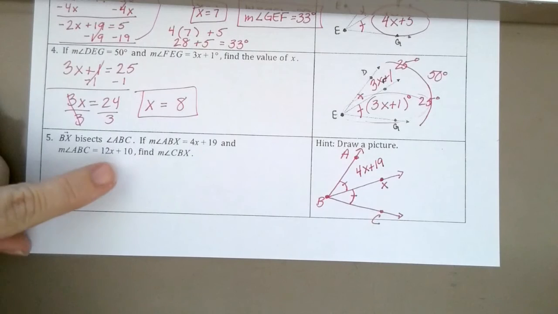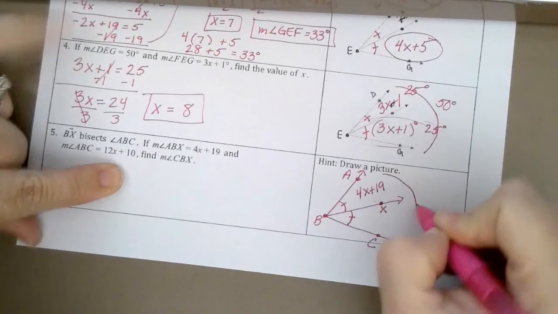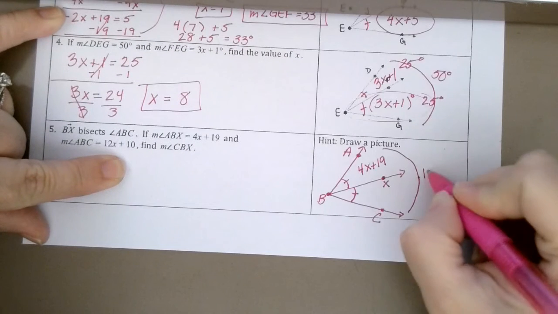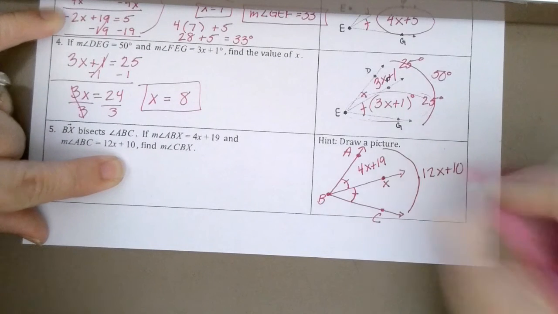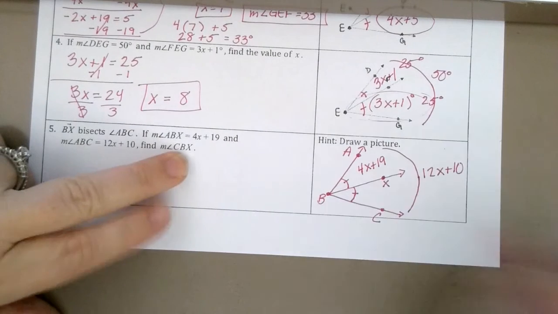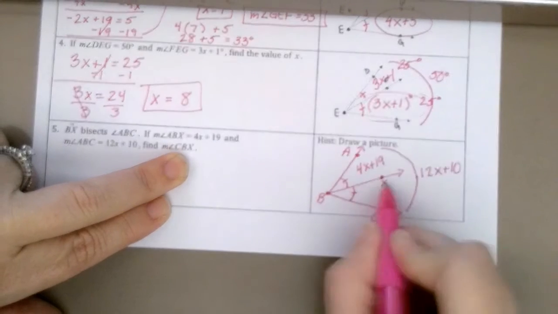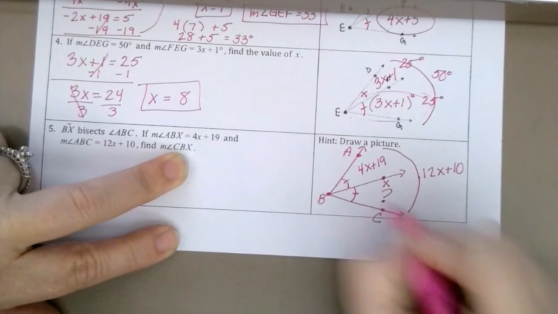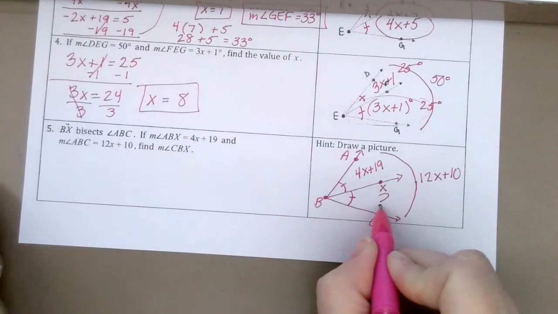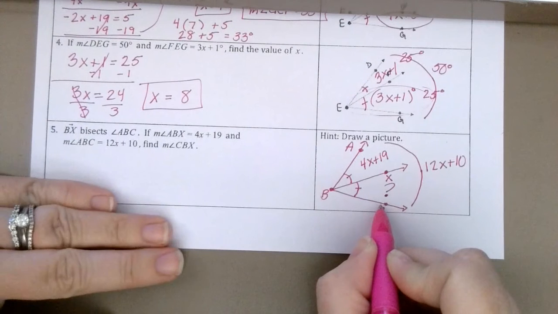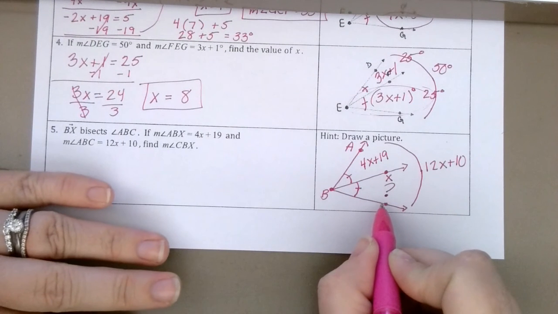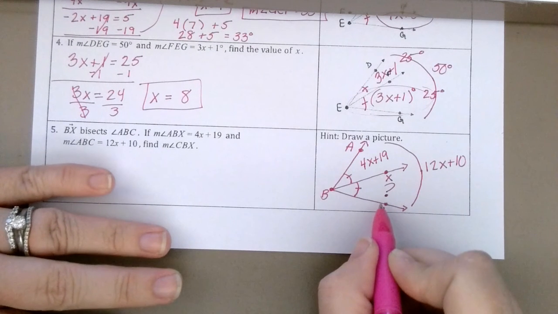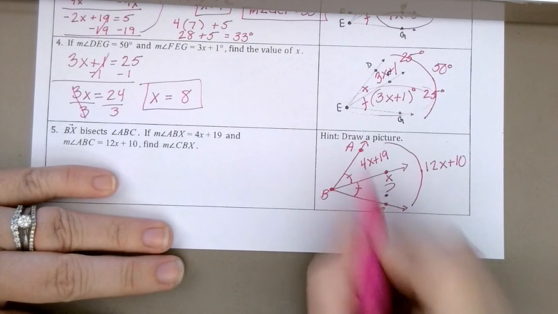And the measure of ABC, the whole thing, is 12x plus 10. They're asking me to find the angle CBX. So this is what we're looking to find right in here. What's nice is if I find angle ABX, I also know what angle CBX is, don't I? Because they're the same thing.